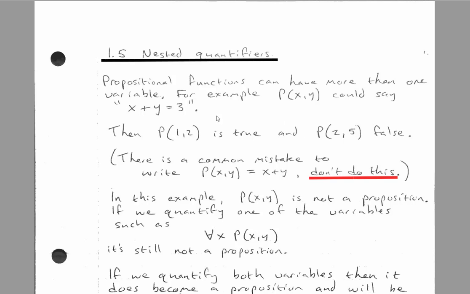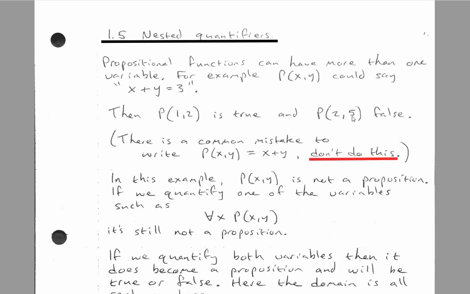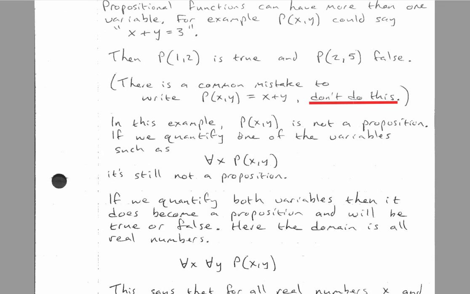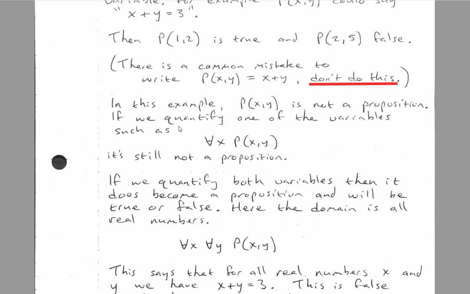Okay, so the main idea is these propositional functions, once you put in the numbers, they have to be true or false. If you don't put in numbers, then it's not a proposition. If you quantify one of the variables, if you say something like for all x, p of x comma y, it's still not true or false, it still depends on y.